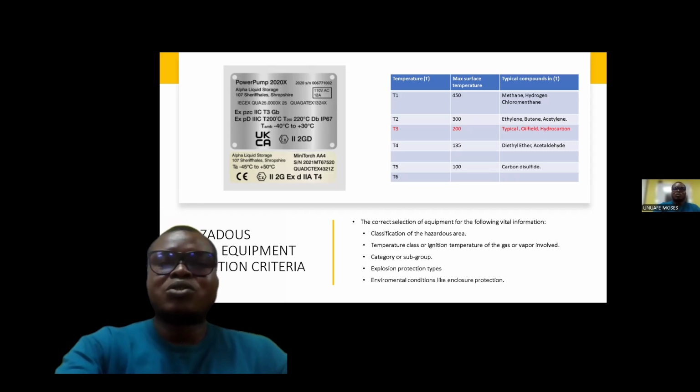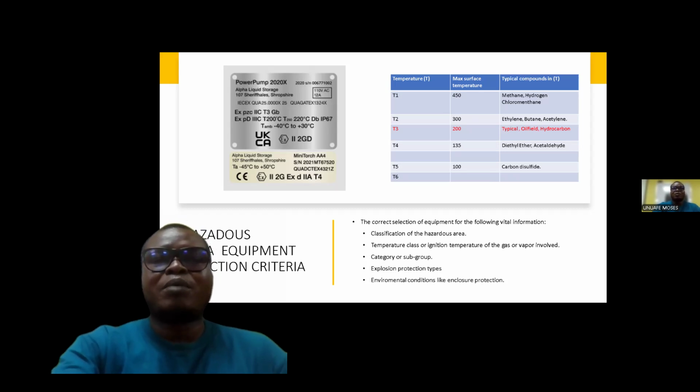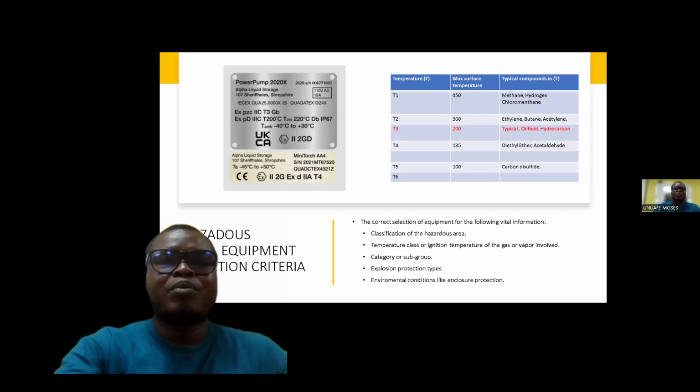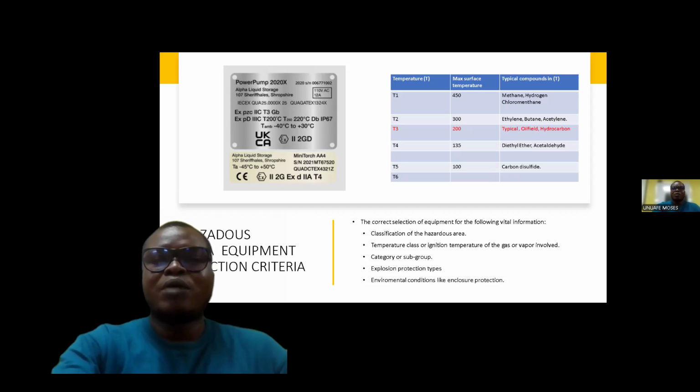So when you are to install an electrical equipment or a device or a mechanical device in that environment, you have to look out for temperature of what? T1 within the range of 450 degree. And this can be found on the nameplate, just as is identified on the slide.